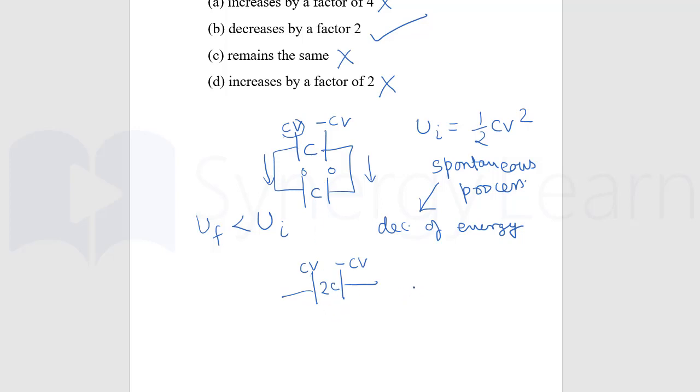Now the final energy of this combination is the charge square, CV square, upon 2 into 2C. Now notice the difference. Here you have half, here also you have half, but you have one additional 2. So it decreases by a factor of 2.